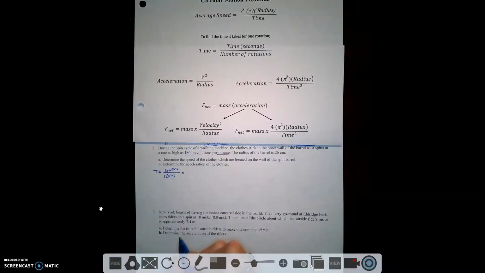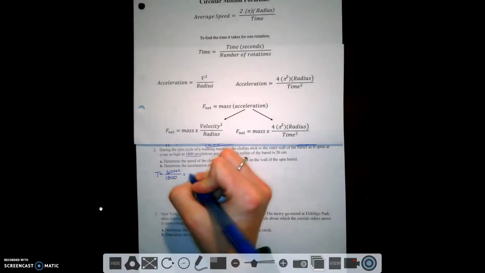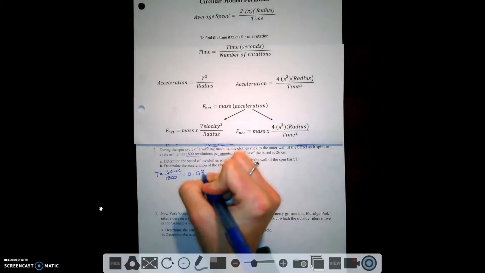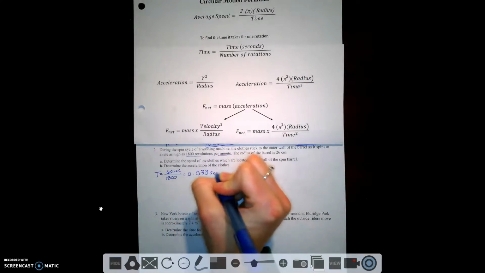You're going to divide those two and get the time that we're going to be using throughout this whole problem.